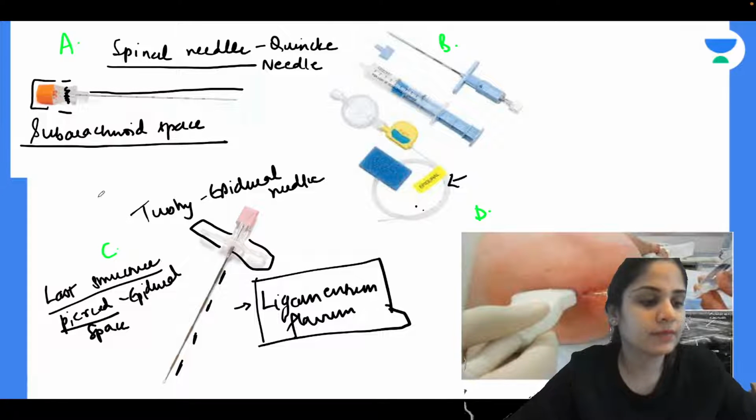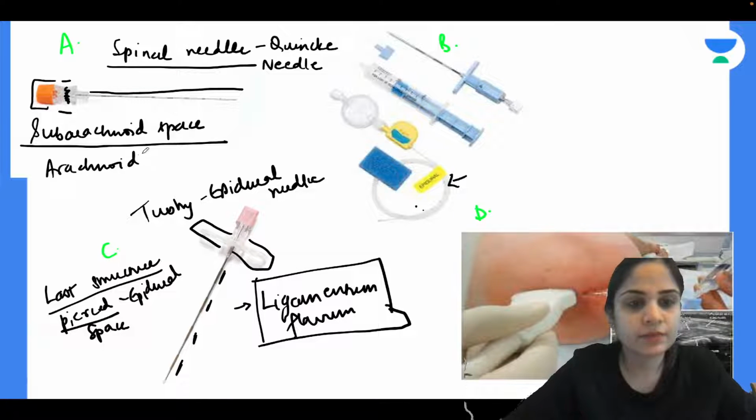Any idea? Okay, yes, absolutely correct, Manoj. So the last structure to be pierced is arachnoid mater. That's the last structure to be pierced before reaching the subarachnoid space.